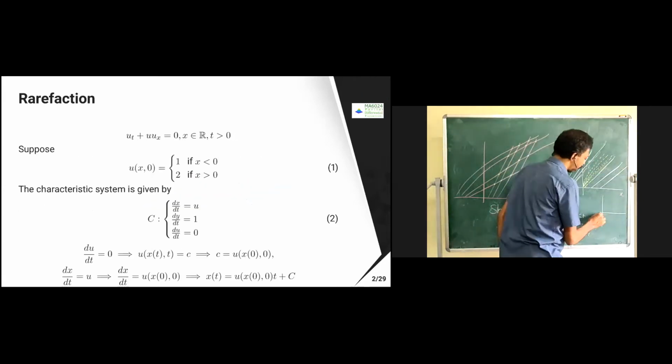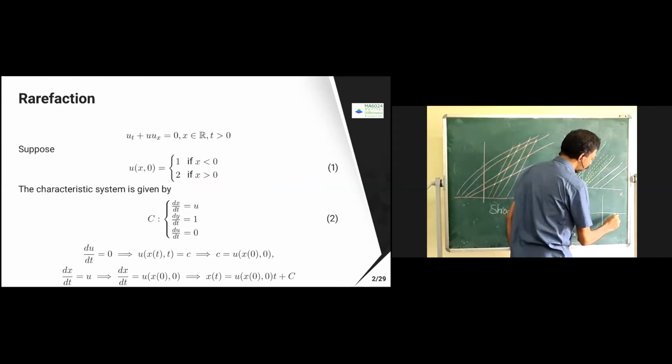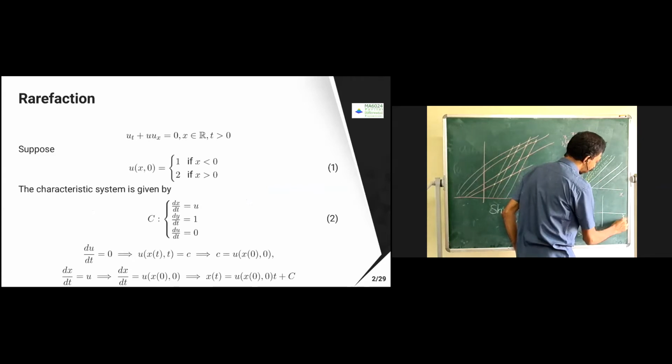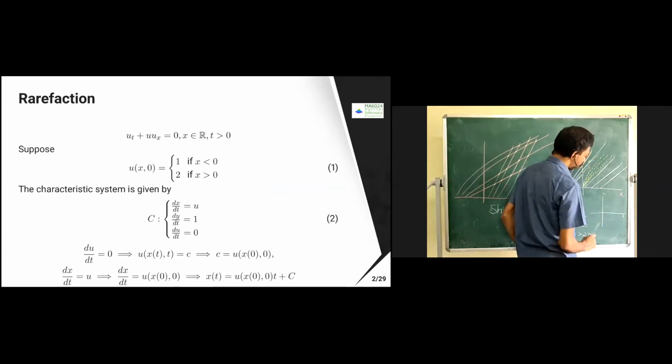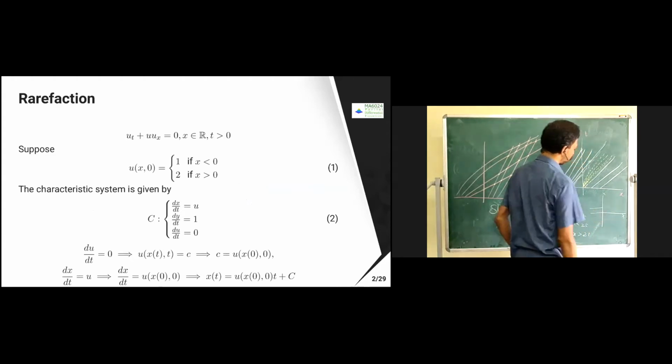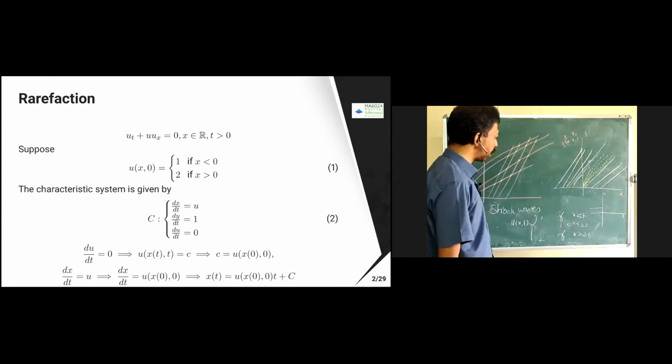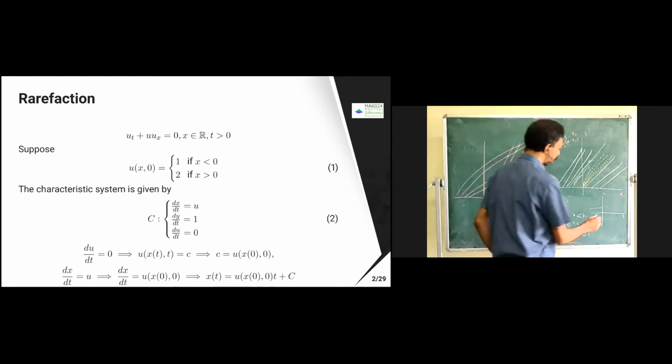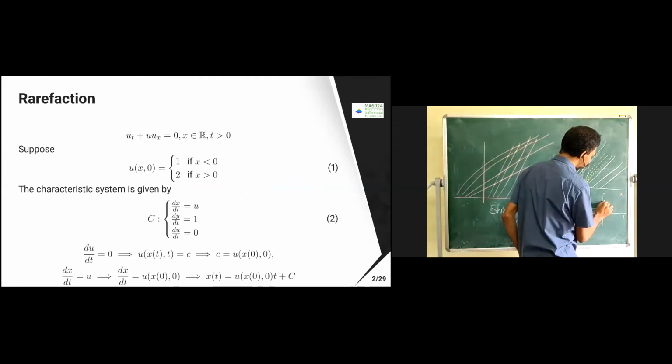When x is less than 0, u of x comma 0, where this is x and this is u, is going to become 1. When x is greater than 0, it is going to be 2.